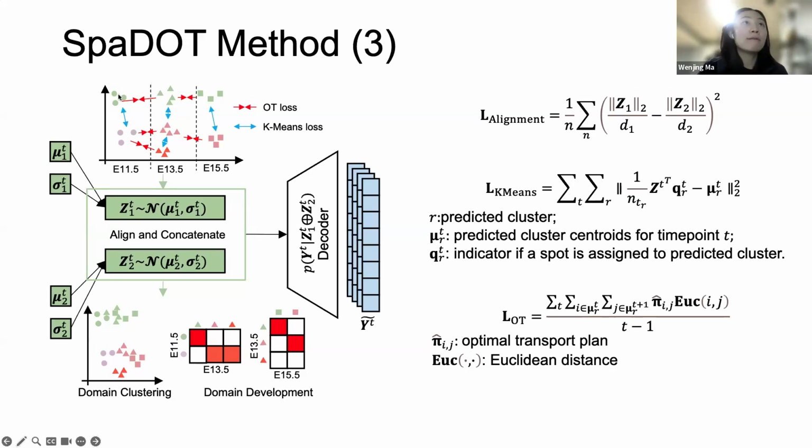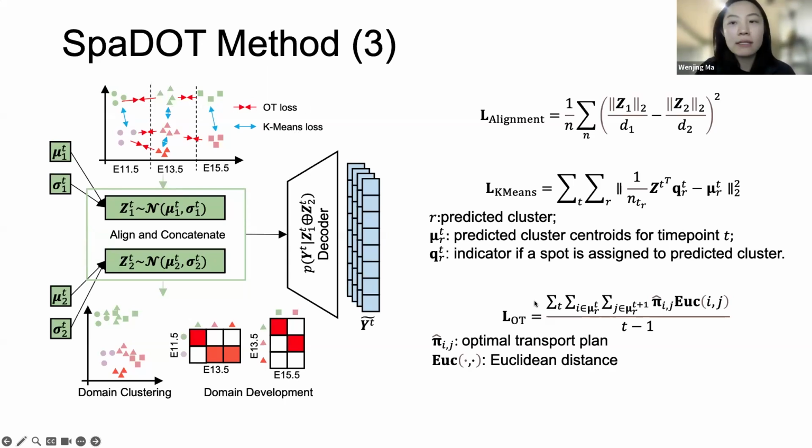For distinct domains, say brain and heart, we try to maximize the distance between them so that we can better separate them. Then, based on all the tissues collected from different stages, we use an optimal transport loss to make sure that clusters across different domains which are similar to each other are close to each other. So we add those two constraints: one adjusts within the time point, which is the k-means, and the other adjusts across the time points, which is the OT loss.